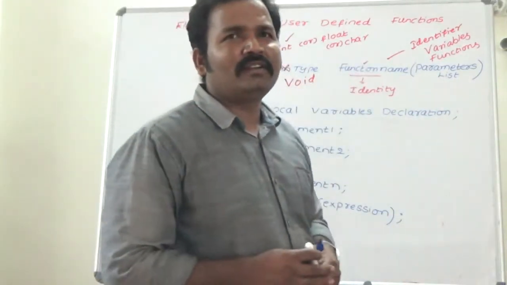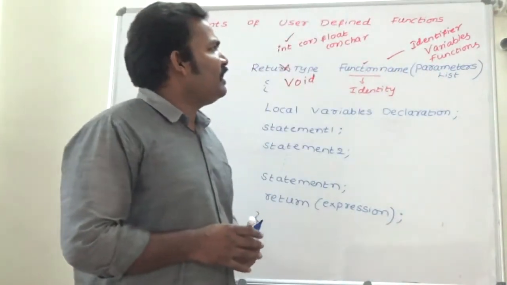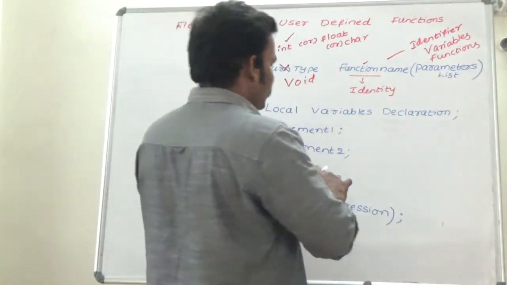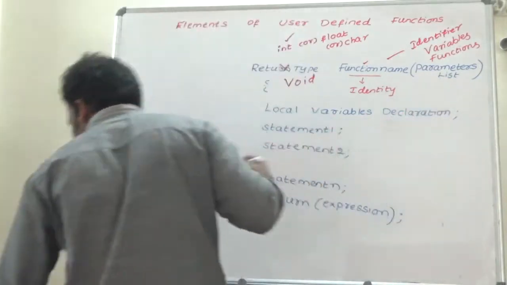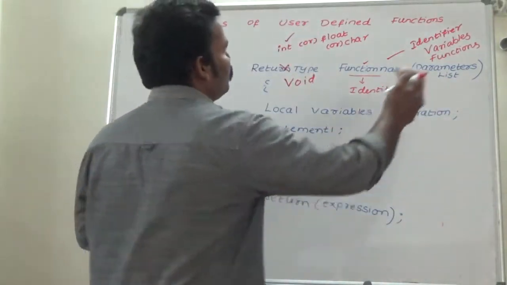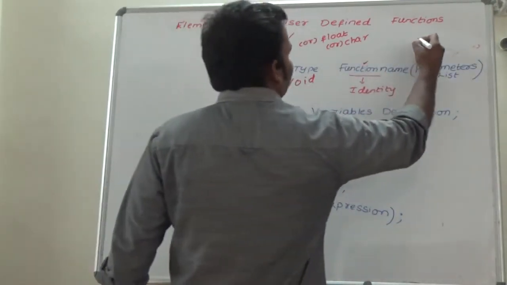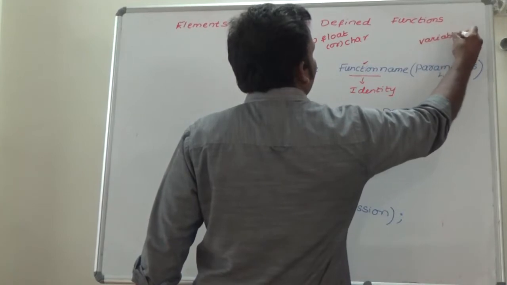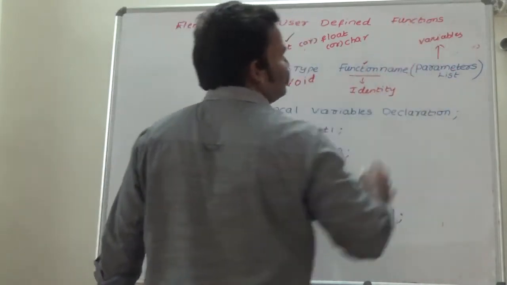Next, so return type, function name. Next element is what? Parameter list. Parameter list is used to declare the number of and types of variables. Parameter list is used to declare what?